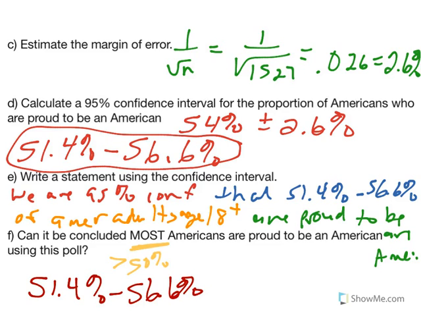The entire interval has to be above 50%. And if you look at our entire interval, it's all above 50%. So in that case, the answer is yes, because the entire interval is above 50%, and therefore the entire interval is a majority. Even on the low end, we expect them to be proud to be an American.